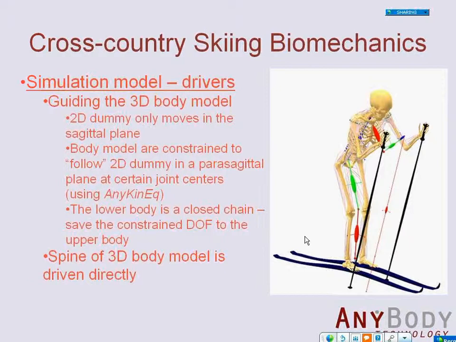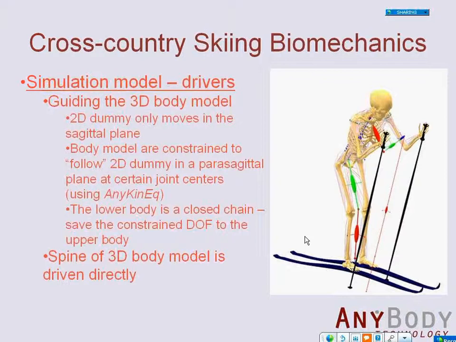Double poling is essentially two-dimensional, and the 2D dummy only moves in the sagittal plane. And the body model is then constrained to follow the 2D dummy in a parasagittal plane at certain joint centers.